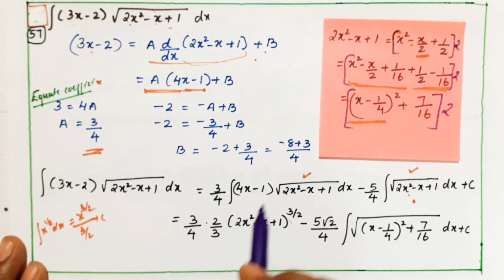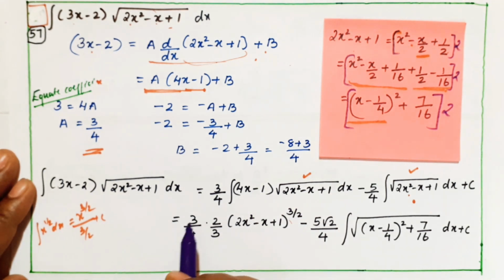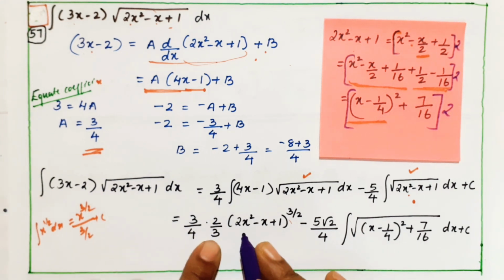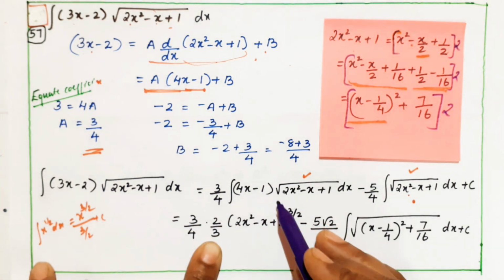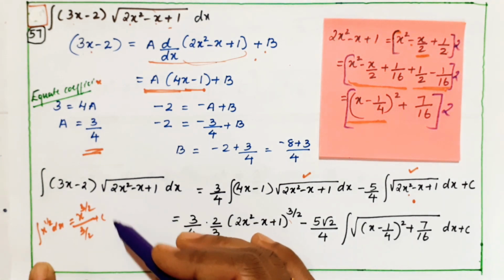Then after that this one what I did is 2 by 3. See this is in the form of 3 by 4. This how it came I showed you. This is of root x. Okay. Root x. So root x is x to the power of 3 by 2 by 3 by 2 plus c.